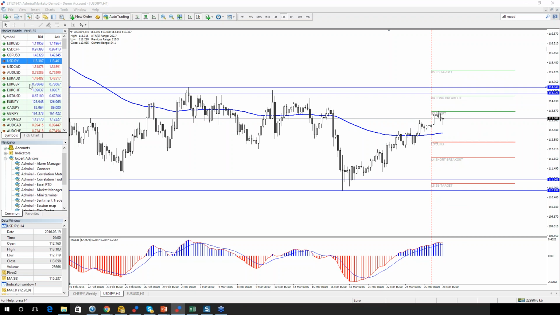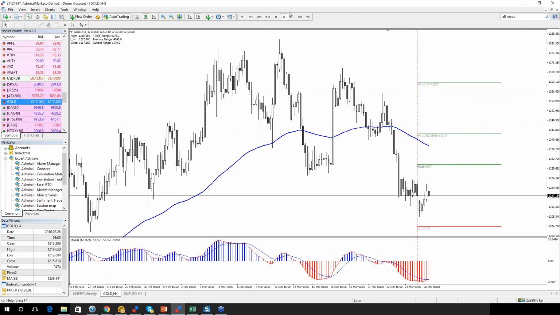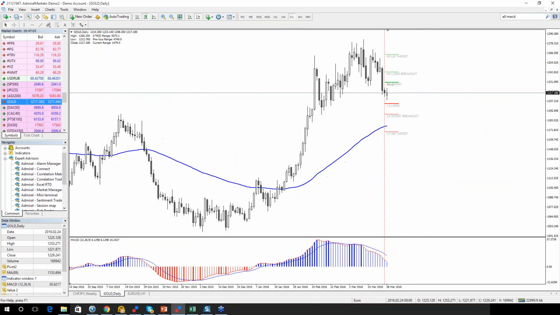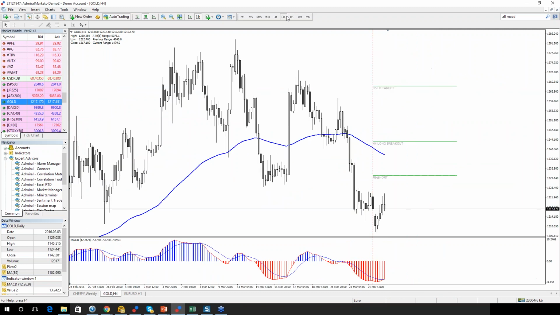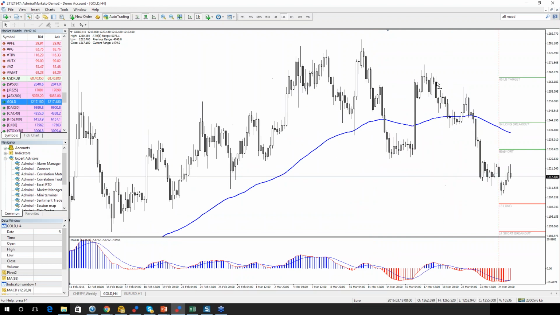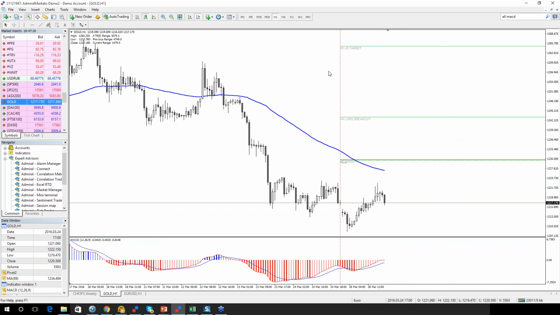Gold, Euro CAD, GBP CAD. Let's see gold first. On daily, it looks like it might start a bullish move again. It might. 4 hour is bearish here. It's bearish. 1 hour is bearish.